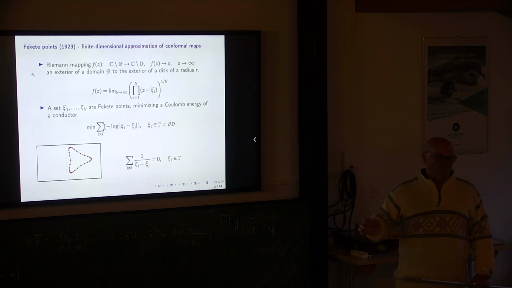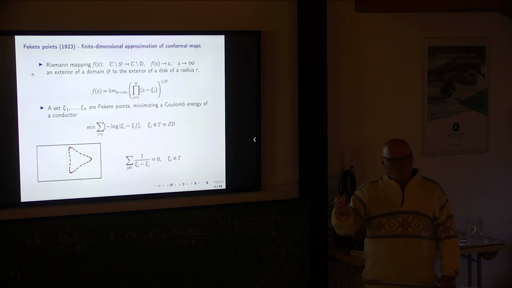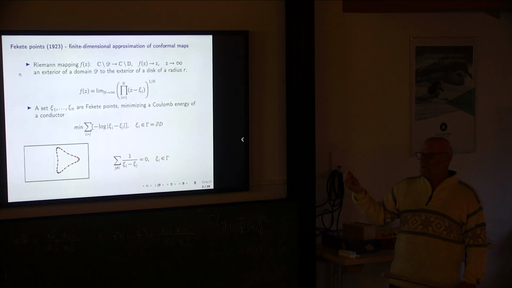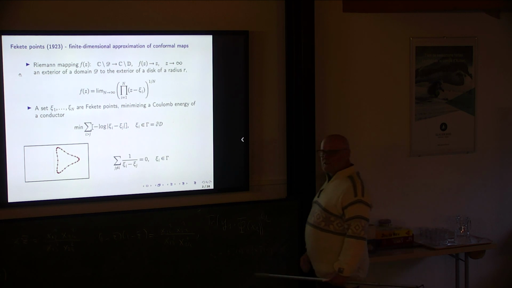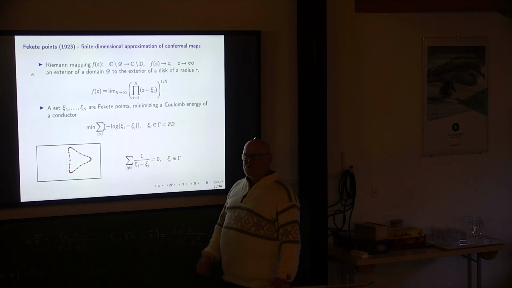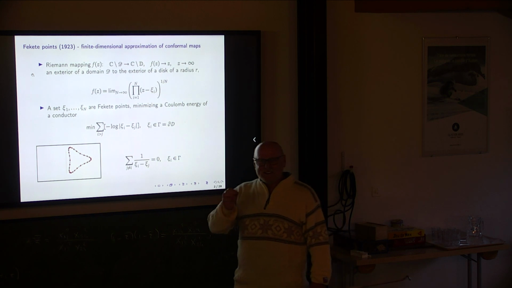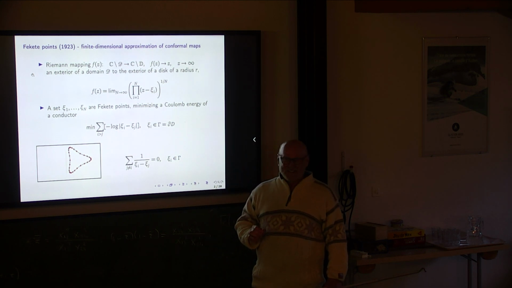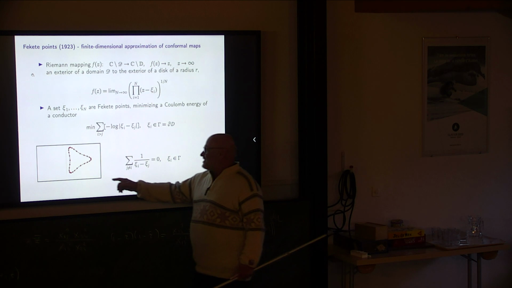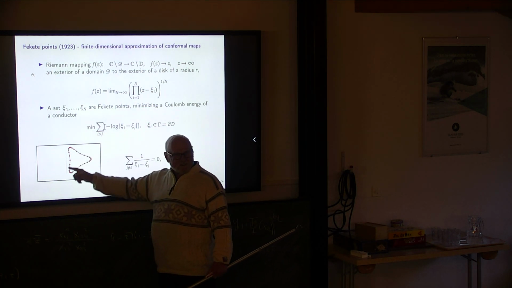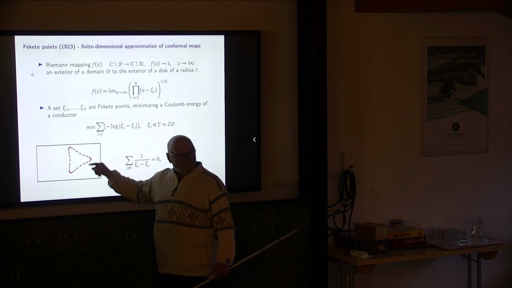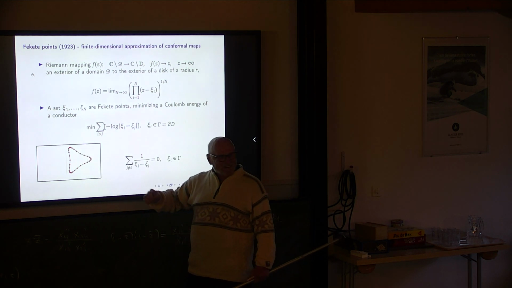It's almost impossible to find them for an arbitrary curve analytically, but a computer can do this. Like Monte Carlo or something? Monte Carlo can do this, or any electrostatic experiment can do this. Right? So it's charged beads on this wire.